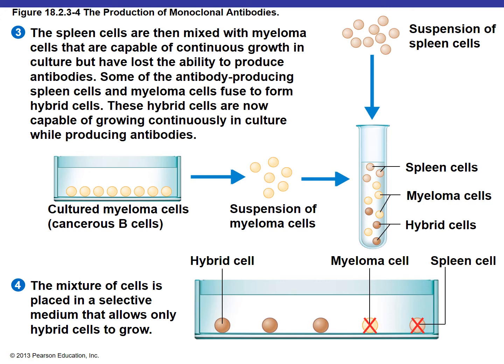You can put the hybrid cells into selective media. The spleen cells are eventually going to die because they're not immortal. The selective media actually selects against the myeloma cells so they don't grow. The only cells that are going to grow are these hybrid cells, the hybridomas.